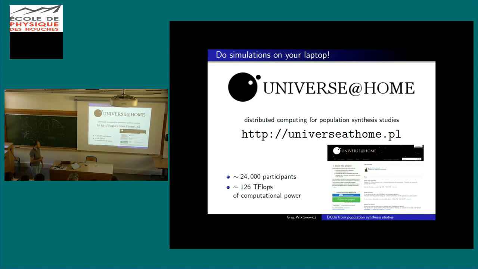So here we just want to use distributed computing on these small machines to get high computational power which is independent from these clusters and all the bureaucracy which is necessary to get your computations done on these computers. But how to get to this large number of computers?